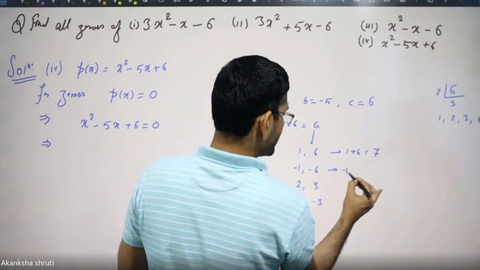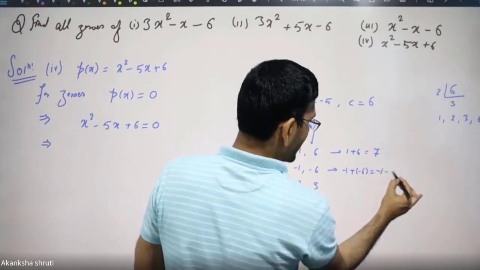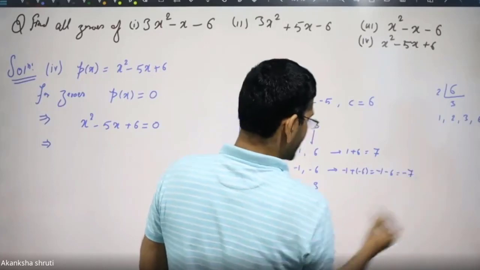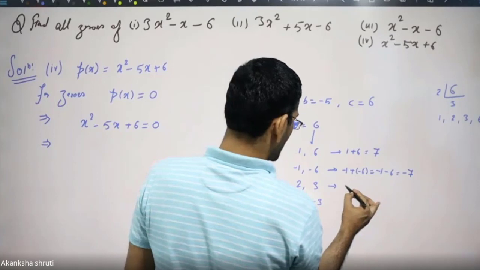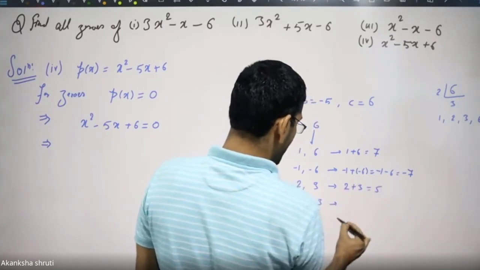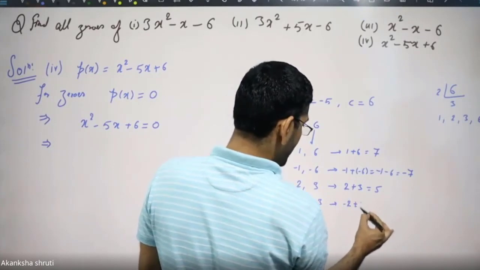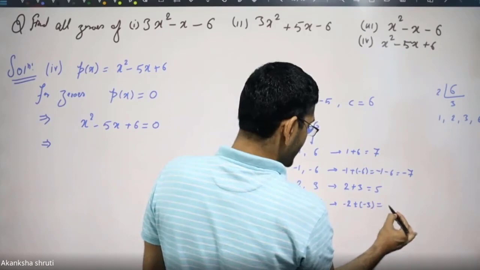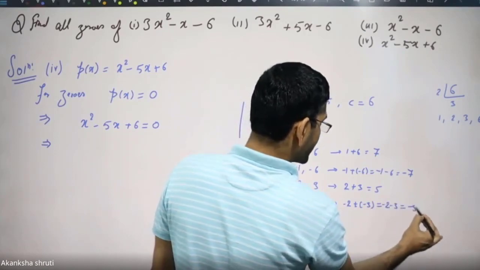Minus 1 plus of minus 6, it is like minus 1 minus 6, minus 7. The next one is 2 plus 3, 5. The next one is minus 2 plus of minus 3, it is minus 2 minus 3, minus of 5.